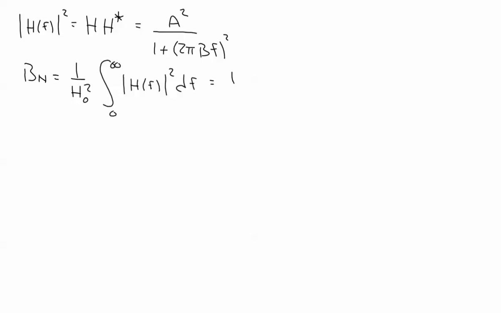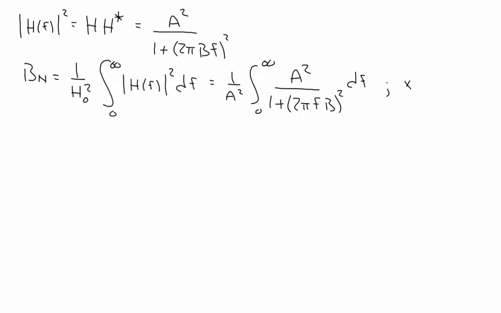This equals 1 over A squared, integral 0 to infinity, of A squared over 1 plus quantity 2 pi f b squared, df. Now I'm going to make a change of variables.